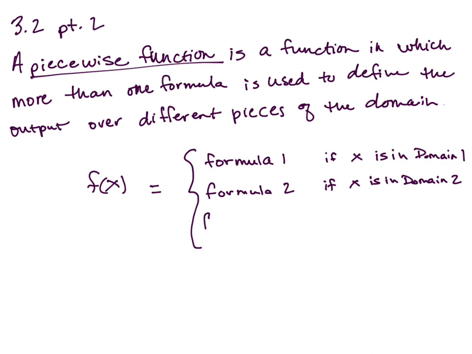And then, there's no limit to how many formulas you could have. So we'll call it 3 this time. Formula 3, if our x value is in domain 3. Okay. This is going to make a whole lot more sense when we start doing it.